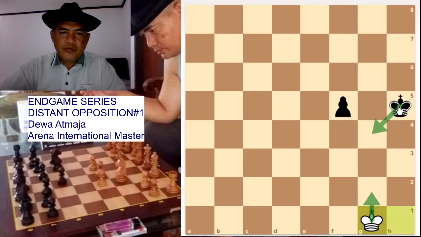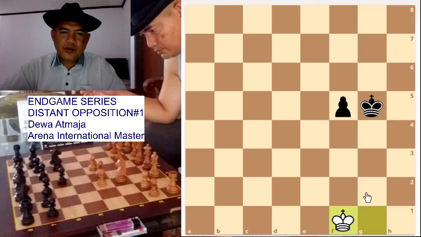And if black goes here, as in the example before, white can go to f1, and black cannot maintain the distant opposition because of his pawn.